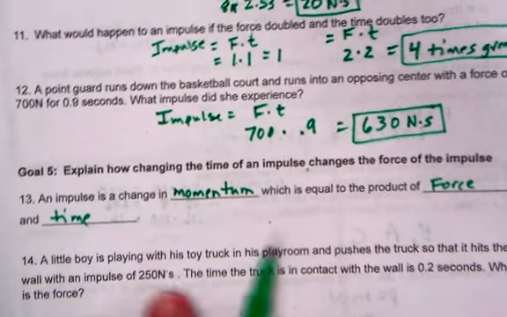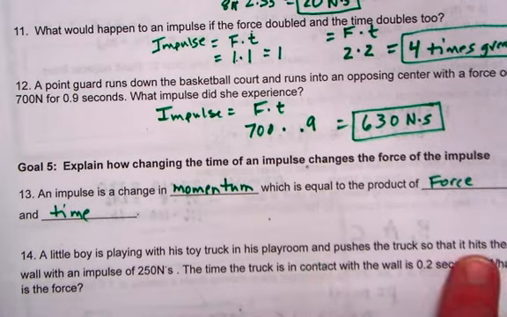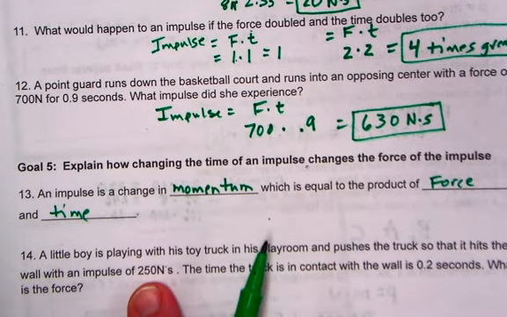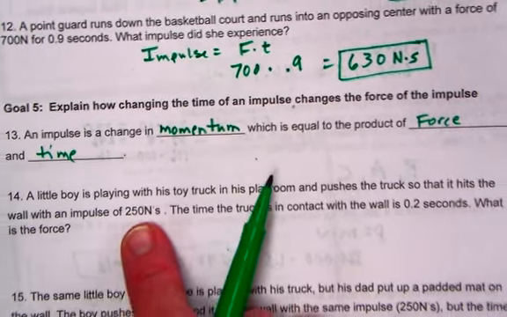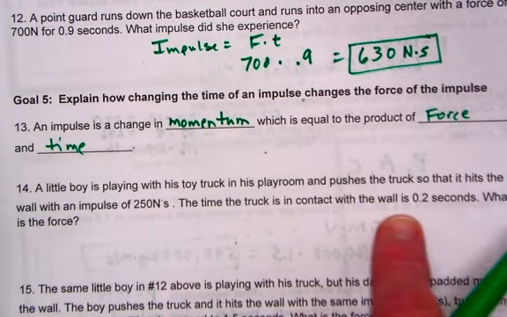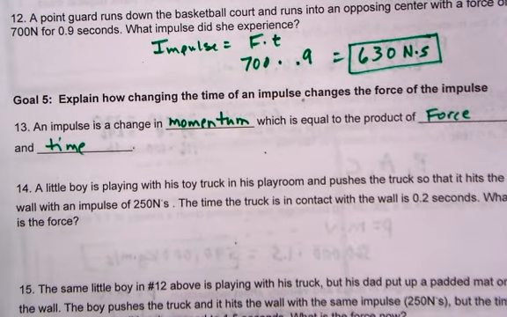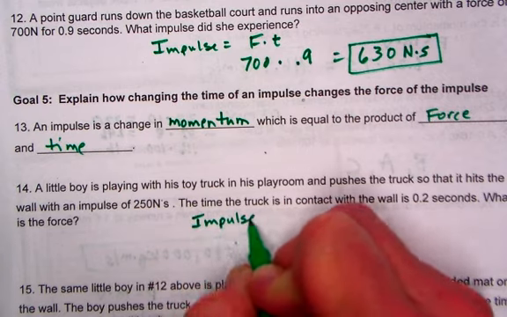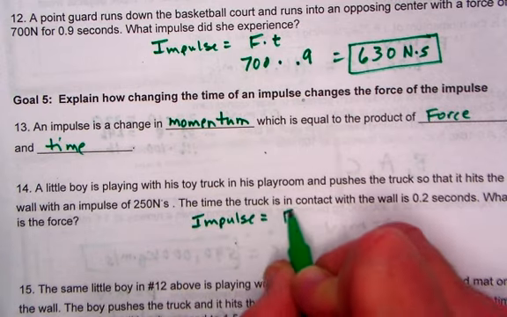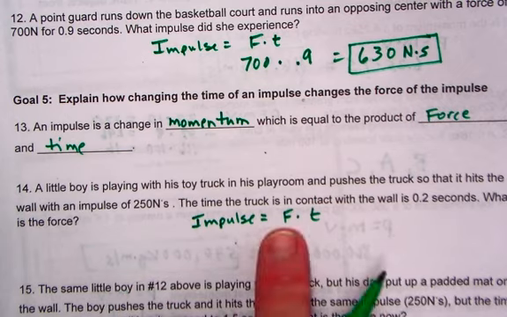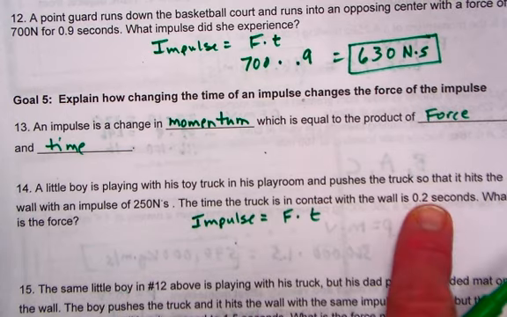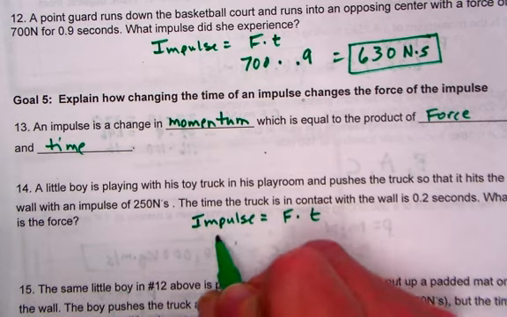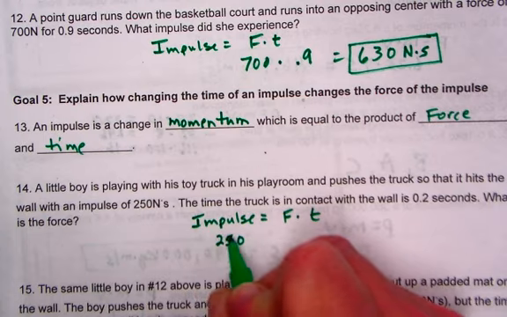So a little boy is playing with this toy truck, and he pushes the truck so it hits the wall with an impulse of 250 newton seconds. The time the truck is in contact with the wall is 0.2 seconds. What is the force? So we're working with the same equation, because they're giving us impulse this time, and we're asked to find the force. They also give us the time. So I'm going to plug 250 in place of the impulse.